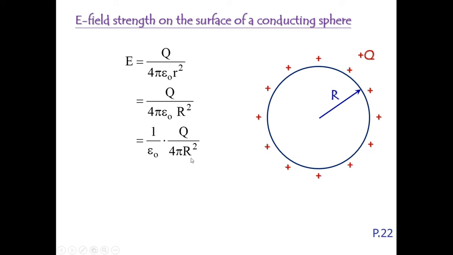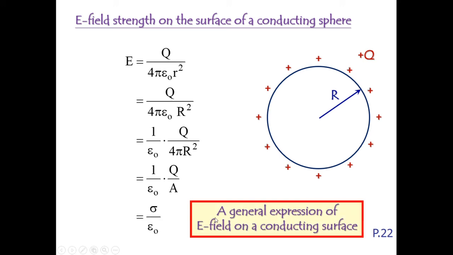So, this expression can be represented by this formula: E equals 1 over epsilon naught times Q over A. What is meant by Q over A? It is the charge per area, or we can use the term surface charge density sigma to represent this term.